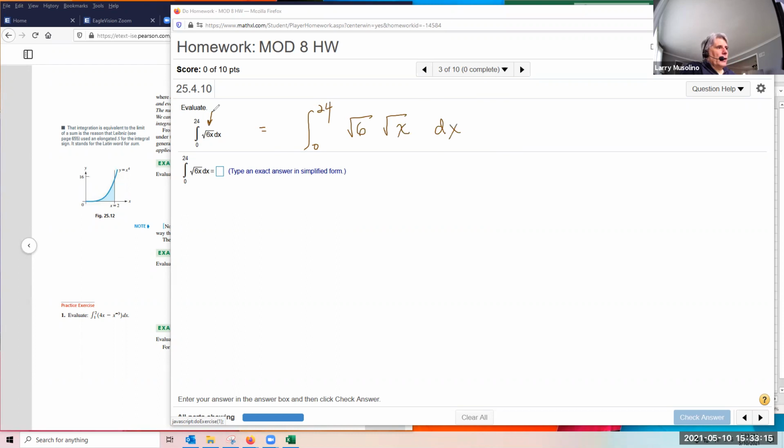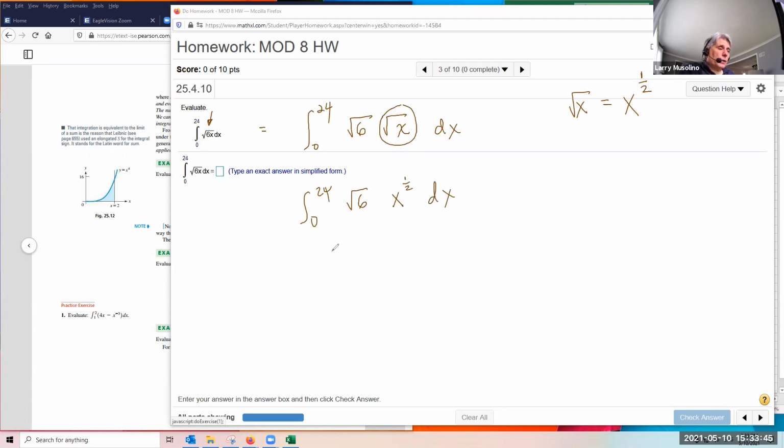When you have the square root of a multiplication, you're allowed to separate it out into separate square roots like this. The reason I do this is I really want to rewrite the square root of x as x to the 1/2. When you're using the power rule, you really want to have x to an exponent. So the square root of x is the same as x to the 1/2.